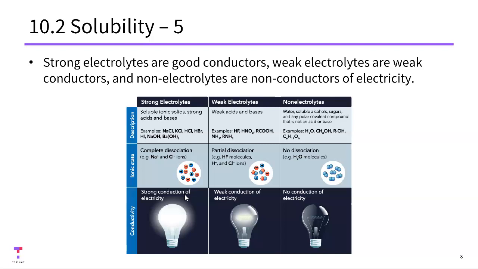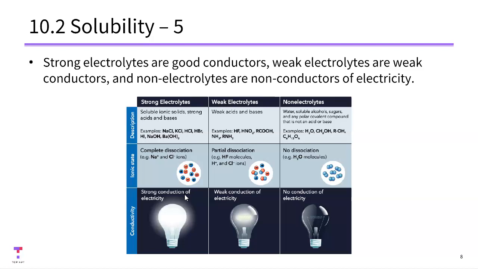So the open circuit does not conduct electricity. The two leads are not connected. But if you connect the two leads, electricity flows through it, the light bulb lights up. What you do with it is you put it into different kinds of solutions, and you see if the solution is able to light the light bulb, and that's what is being shown here.